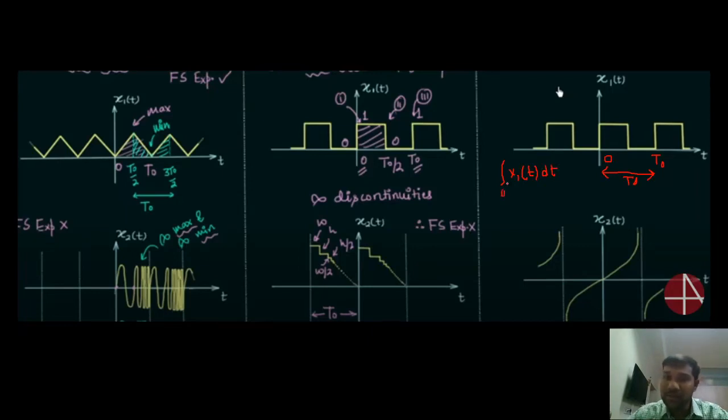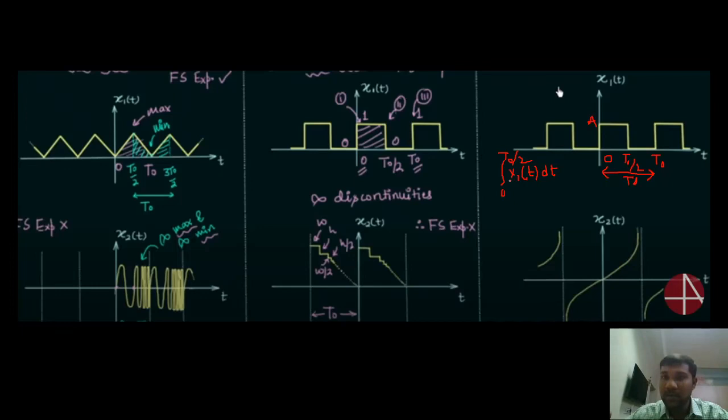If I say integral 0 to t naught of x1 of t, what is x1 of t? x1 of t is only defined in the interval 0 to t naught by 2, and is some constant a. So instead of x1 of t, I will write a.